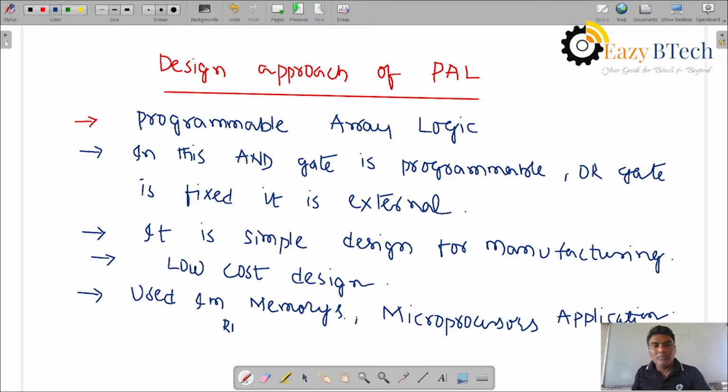Memories like ROM, PROM. Sometimes we can rewrite the program, that is electrically erasable, electrically programmable read-only memory. We can erase the data and rewrite it like memories.